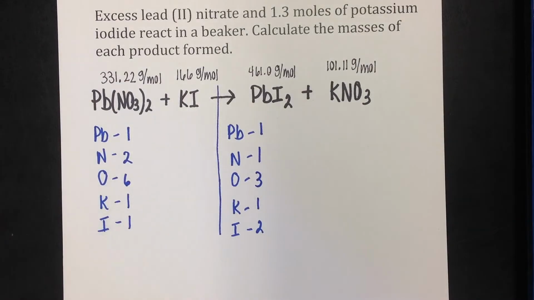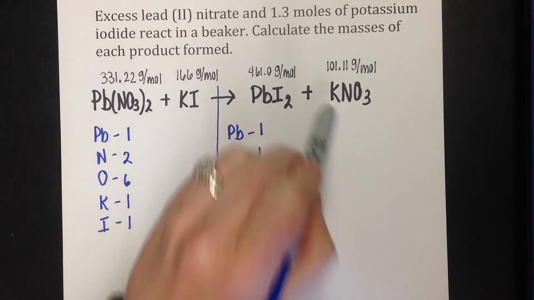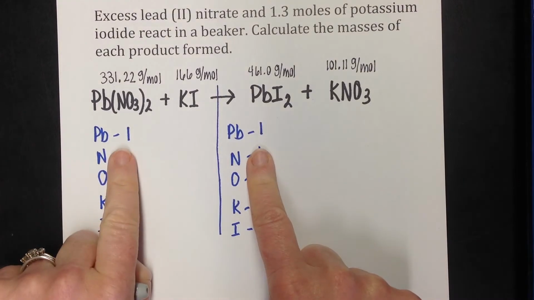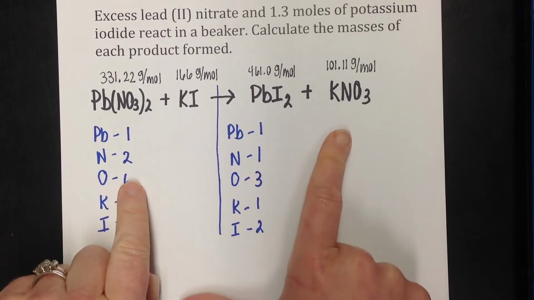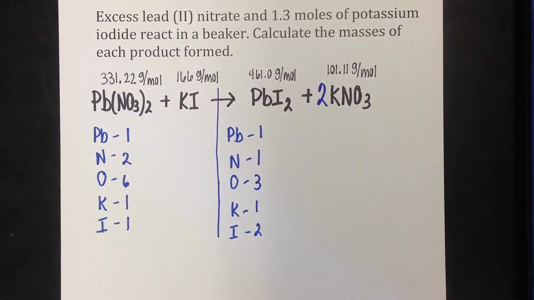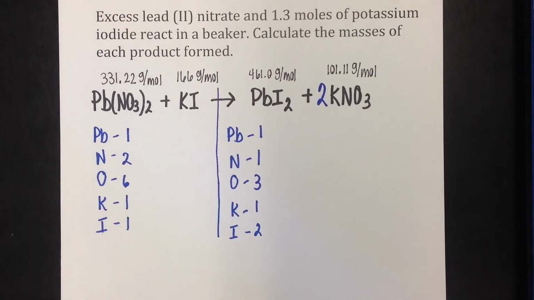So now I've got to get this thing balanced. That means I've got to put the correct coefficients in the front. I'm taking educated guesses, so I have the correct mole-to-mole ratio. Leads look good. I'm not going to mess with those. Nitrogens, I've got 2 over here and only 1 here, so it makes sense to maybe try a 2 right there. Now, sometimes your guess is not right, and if it's not, just mark it out and try something else.